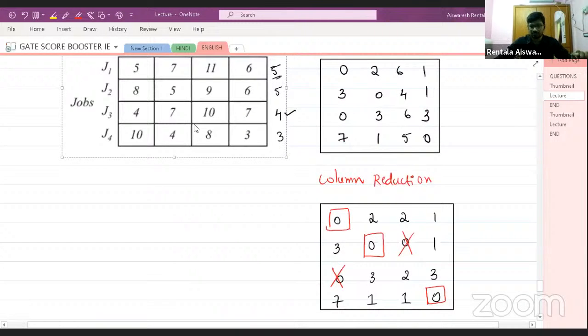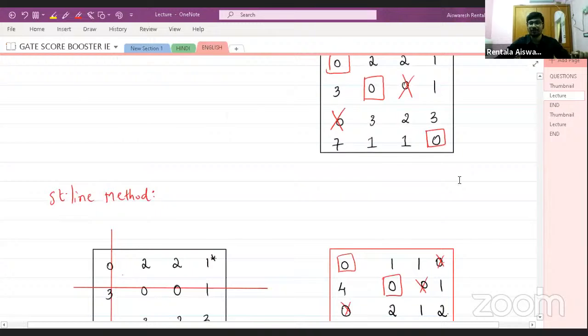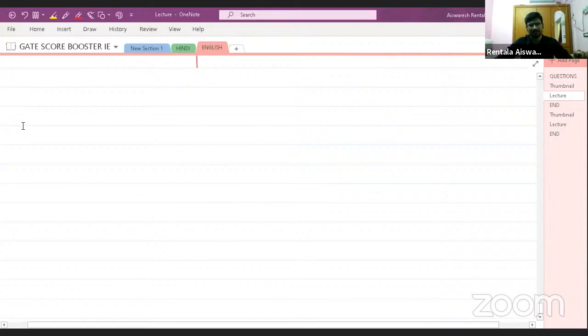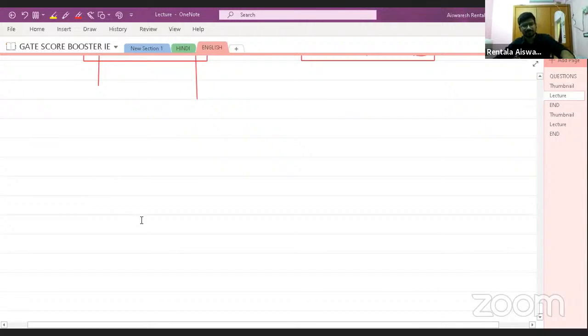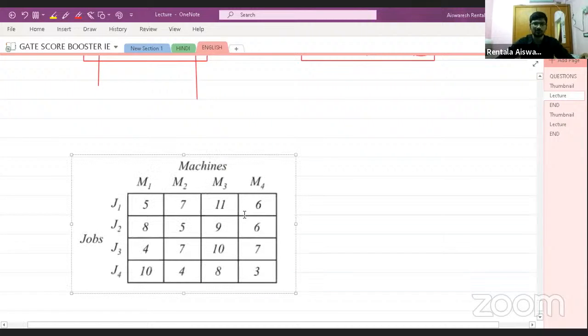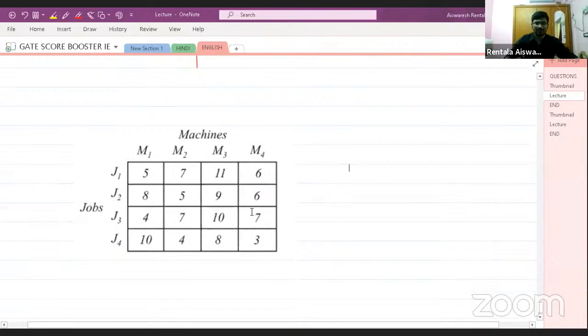Now I think some 3-4 multiple optimal solutions you will be getting for this. So this assignment problem is having multiple optimal solutions. Like in graphical method, simplex method also you might have seen multiple optimal solutions. In a similar way, you will be having multiple optimal solutions here also. So I think this was the answer, right?